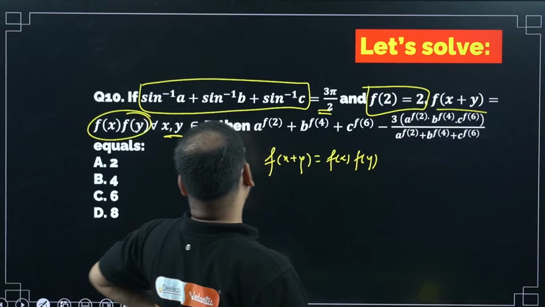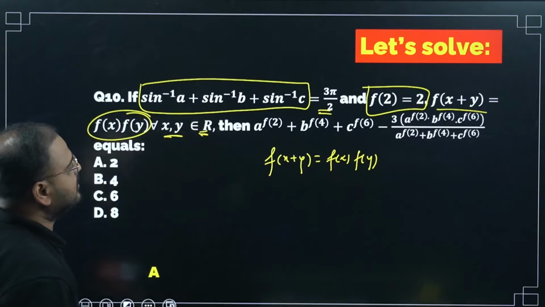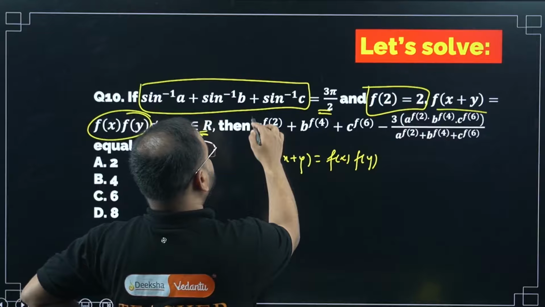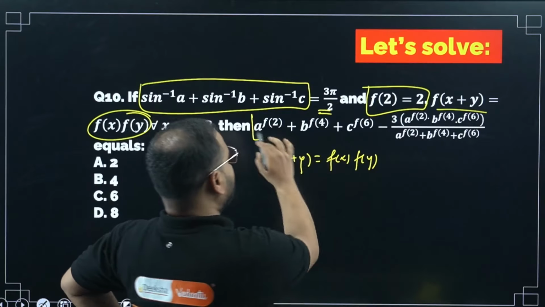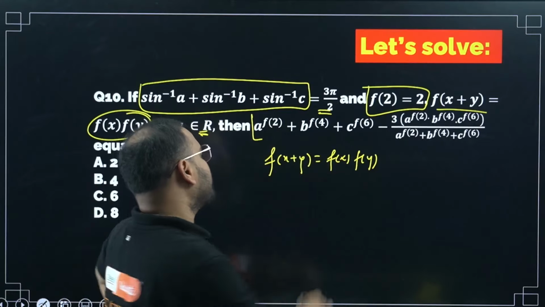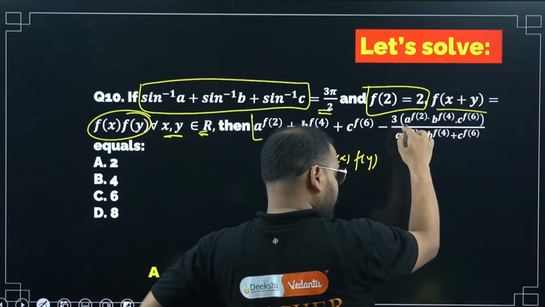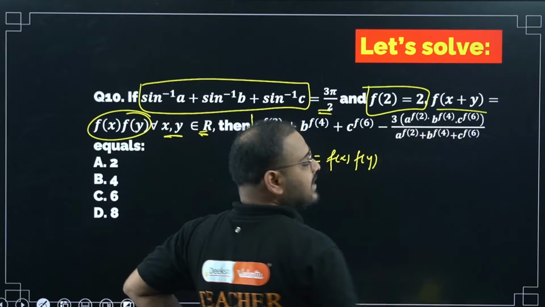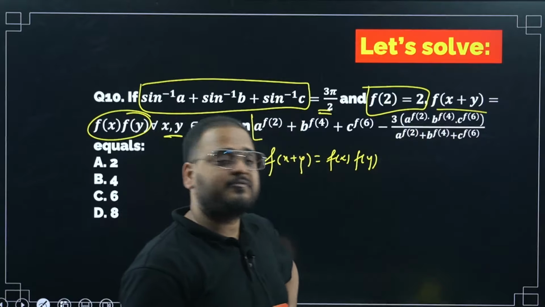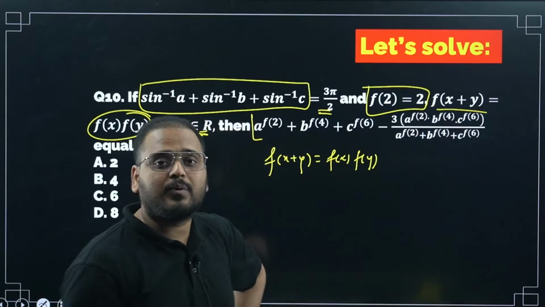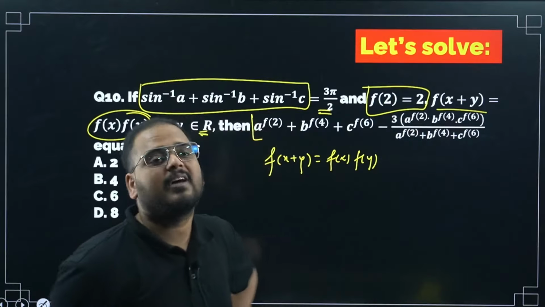You have to find out this big value: A power f2, B power f4, C power f6 minus 3 power 3 multiplied with A power f2 times B power f4 times C power f6, divided by A power f2 plus B power f4 plus C power f6.